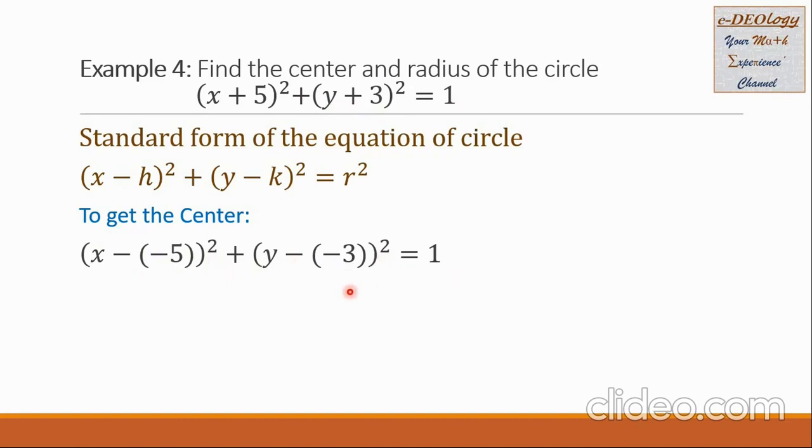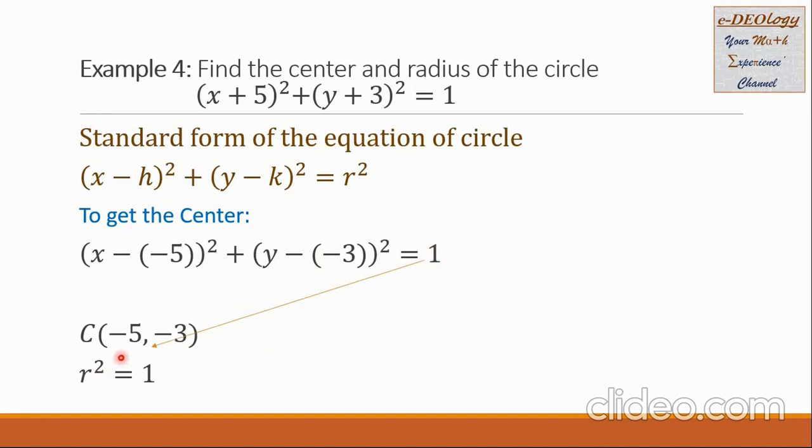And from here, we will now collect the (h, k) values. So the -5 will be the h, and the -3 is now the k, and this is now our center, (-5, -3). Now, to get the radius, this value on the right is equivalent to r squared.